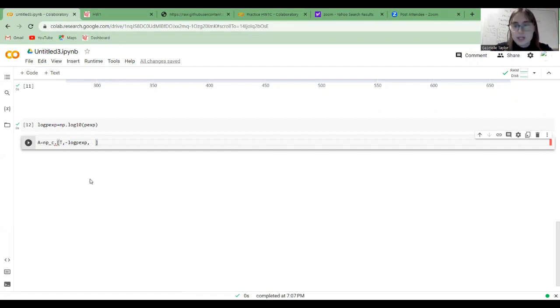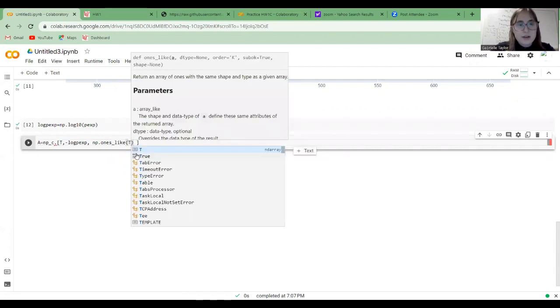Okay, and then our second one is going to be np dot ones like RT. This means it's just going to repeat 1 all the way down, because the code doesn't understand that the 1 is going to repeat itself. And then it's going to keep us in the same format as our T, which is going to be a float, which is going to help us multiply.